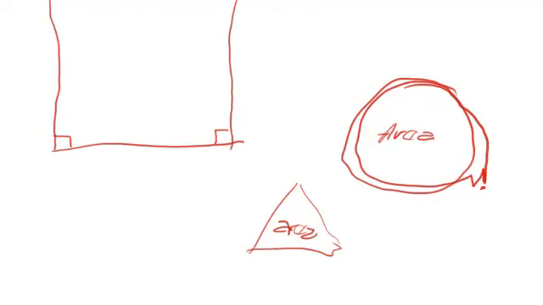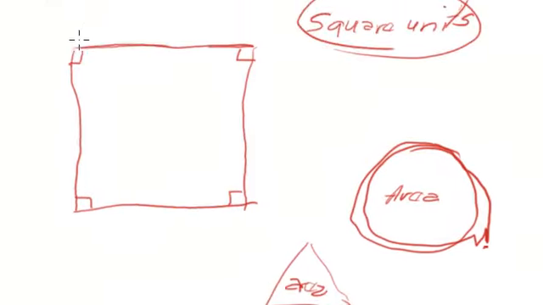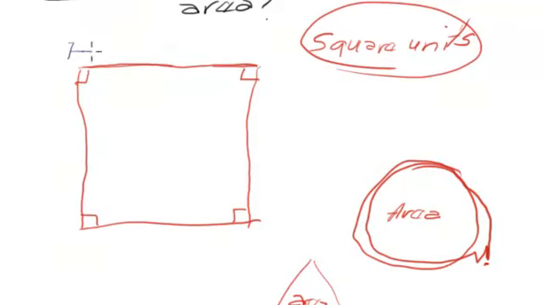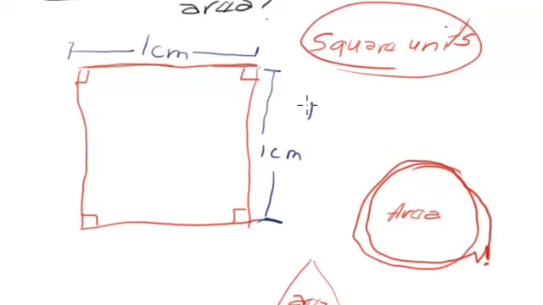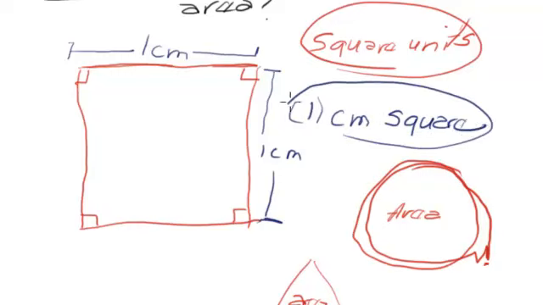So how we're going to talk about this is this. If we assume that this is 1 centimeter here, and this side too is 1 centimeter, then it follows that we say this is a 1 centimeter square. Everybody gets that, I think.